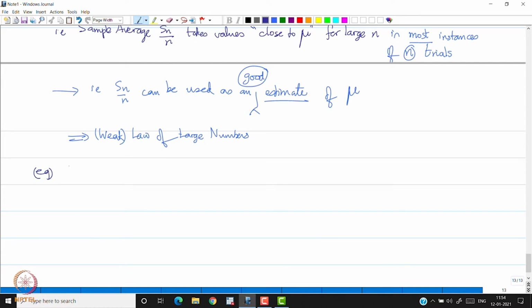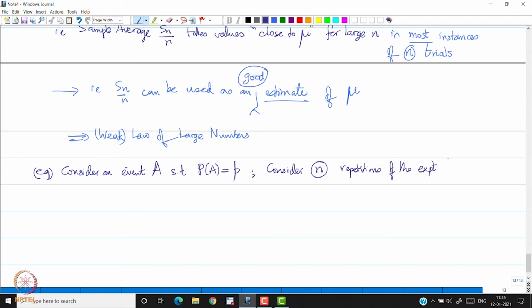Suppose, consider an event A such that the probability of the occurrence of that A is some number small p, and then consider n repetitions of the experiment that includes the event A. That is, A is one of the possible events of the experiment, and it occurs with probability small p.